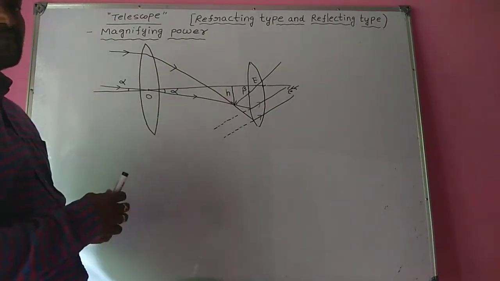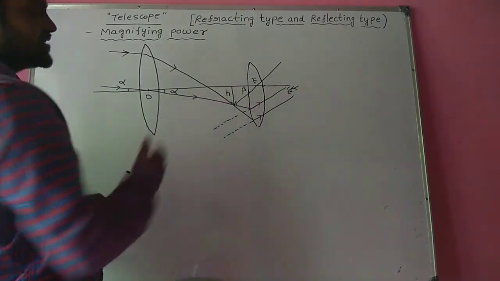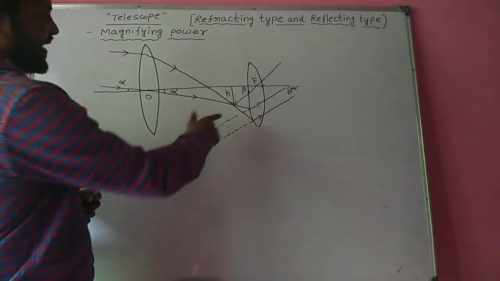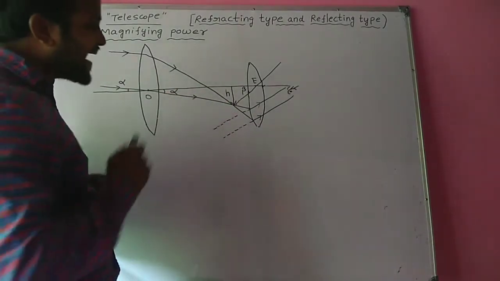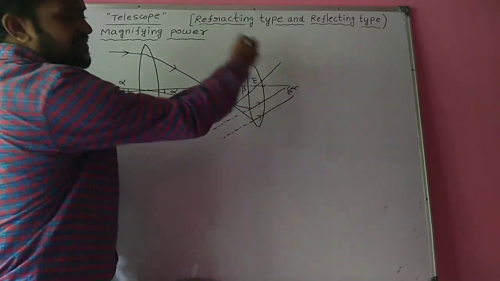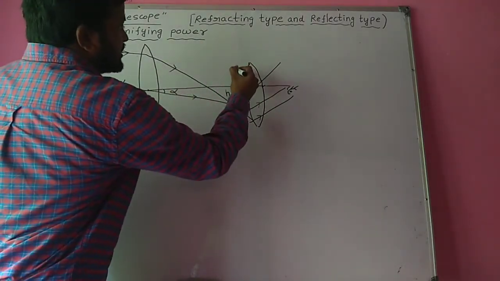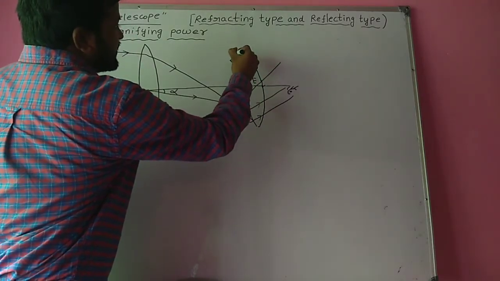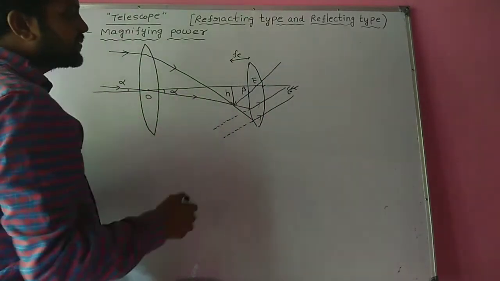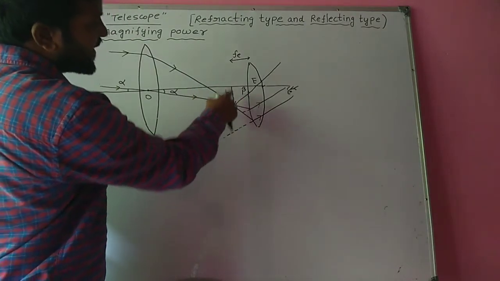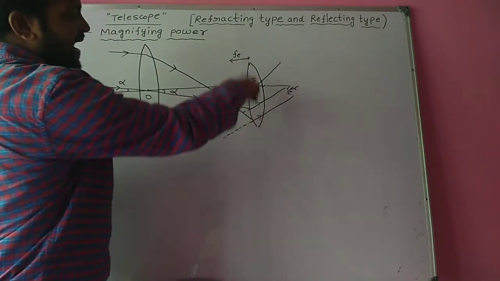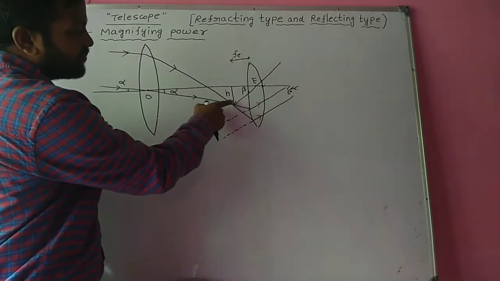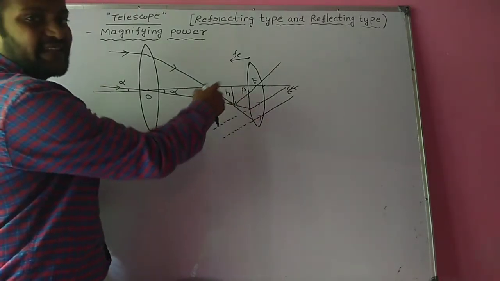The distance between the two lenses is adjusted such that the image is formed exactly at the principal focus of the eyepiece. That means this can be taken as Fe, the focal length of the eyepiece. This image is formed exactly at the principal focus of the eyepiece, so it acts as the object for the eyepiece.